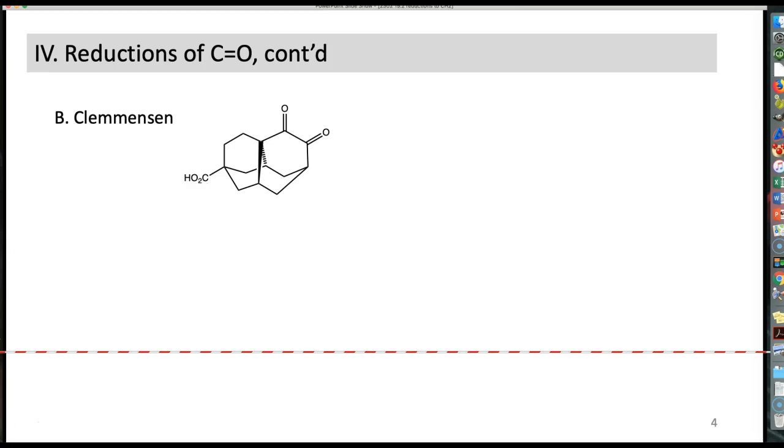So that is why we learn about some other ways to reduce off the C=O, to reduce the double bond down to the CH2. Alright, so let's say I have this wacky looking molecule here, and I want to reduce those two ketones, that diketone, all the way down to that perfectly boring alkane, although it's a pretty three-dimensional structure. How can I do that?